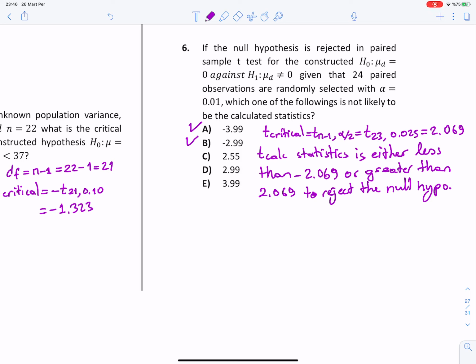And 2.2055 is not greater than 2.069, and 2.99 is greater than 2.069, and 3.99 is also greater than 2.069. So the correct answer is option C. Okay, that's the correct answer.